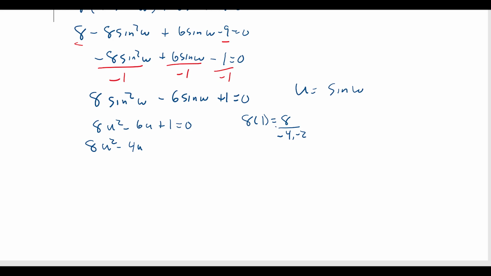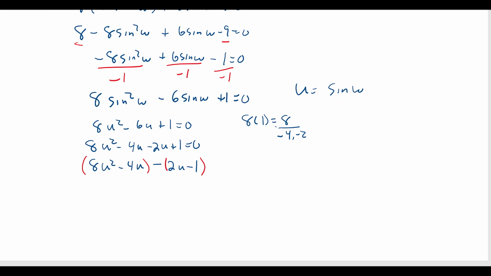I want to go 4 first: 8u squared minus 4u minus 2u plus 1 equals 0. So these group together. Then minus, and I'll have my 2u minus 1.